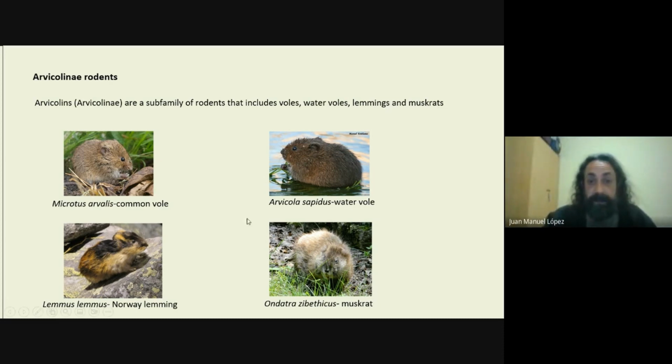This is only an example of the most common species that exist nowadays, like the common vole, water vole, Norway lemming, or rat.